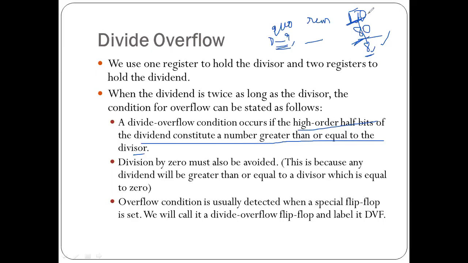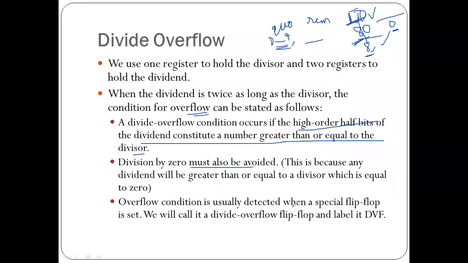There is a chance of getting a quotient which is greater than the dedicated number of bits. Then that condition is called division overflow. The other possible condition is division by 0. If your divisor is 0, then also we can conclude that division overflow has occurred.